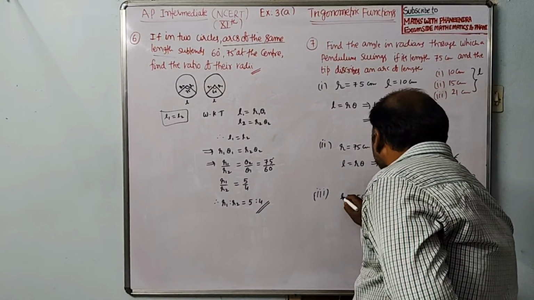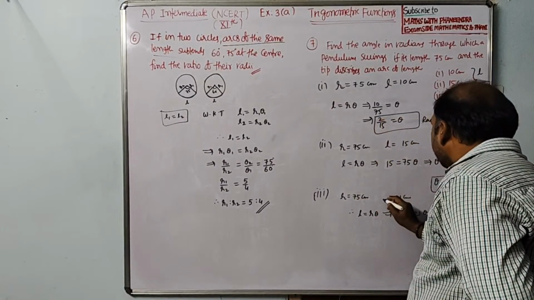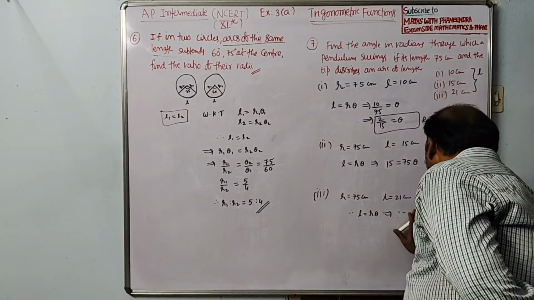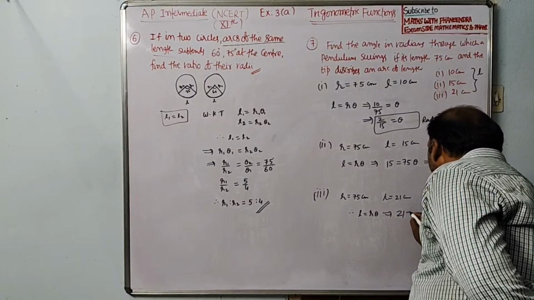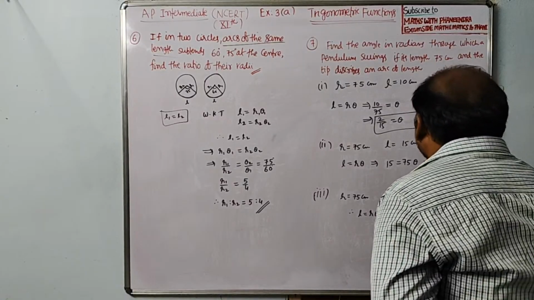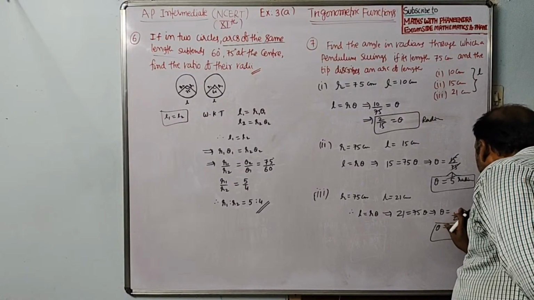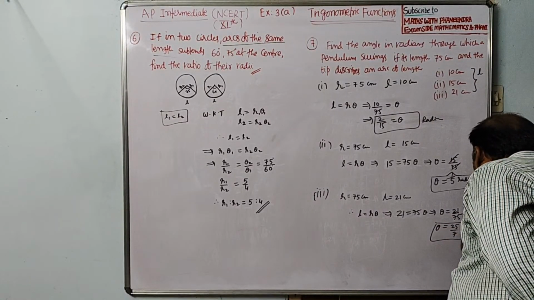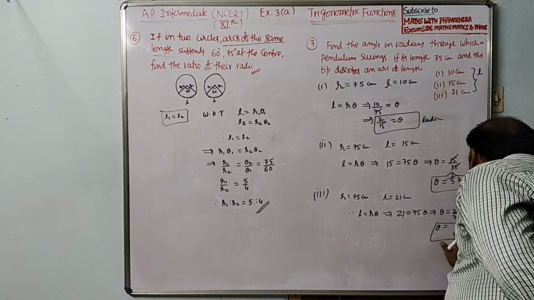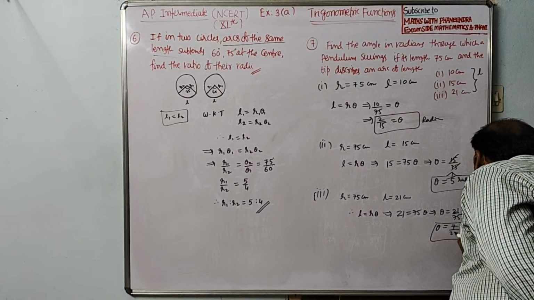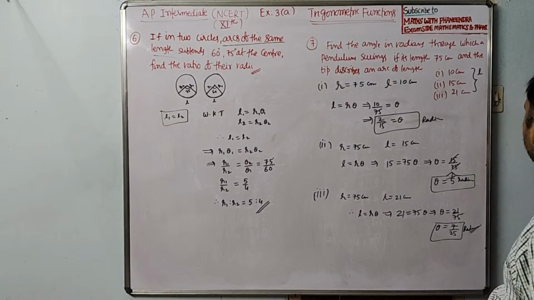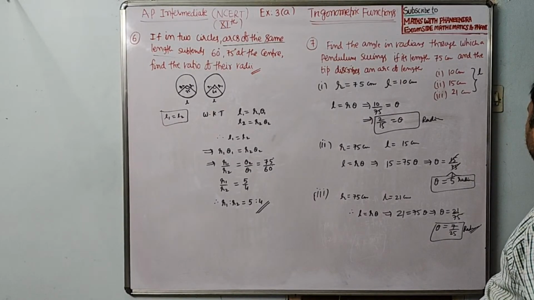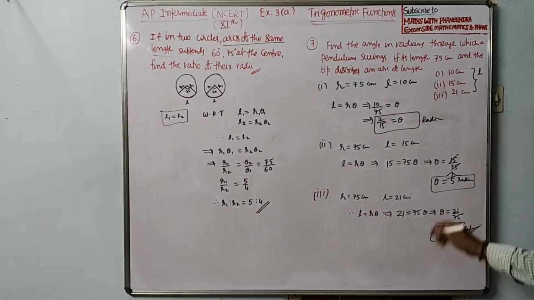So R is the radius, constant, and the length changes. So 21 equal to 75 theta. So 21 by 75. So 3 sevens, 3 25s. So 7 by 25 radians.